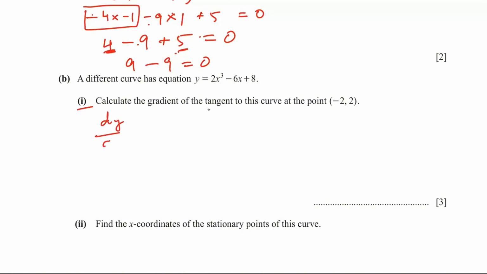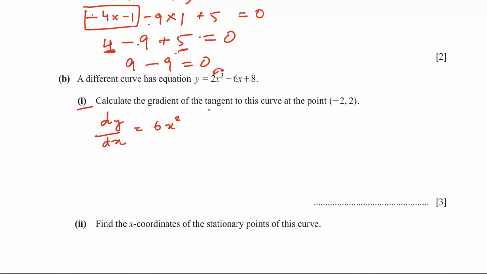dy over dx equal to, now if you look at this power, which is 3, you need to multiply with the coefficient of x. So 2 times 3 is 6x, and the power comes down by 1, so 3 becomes 2.